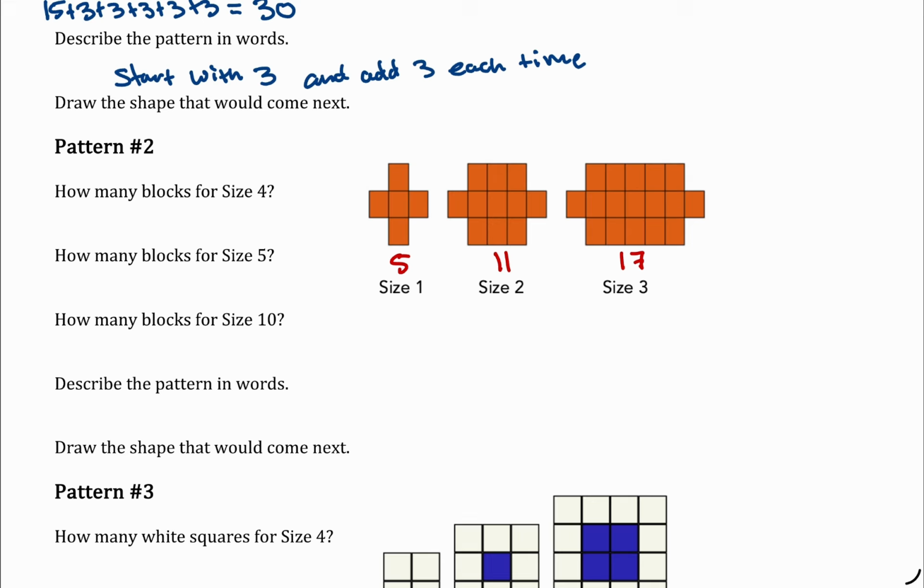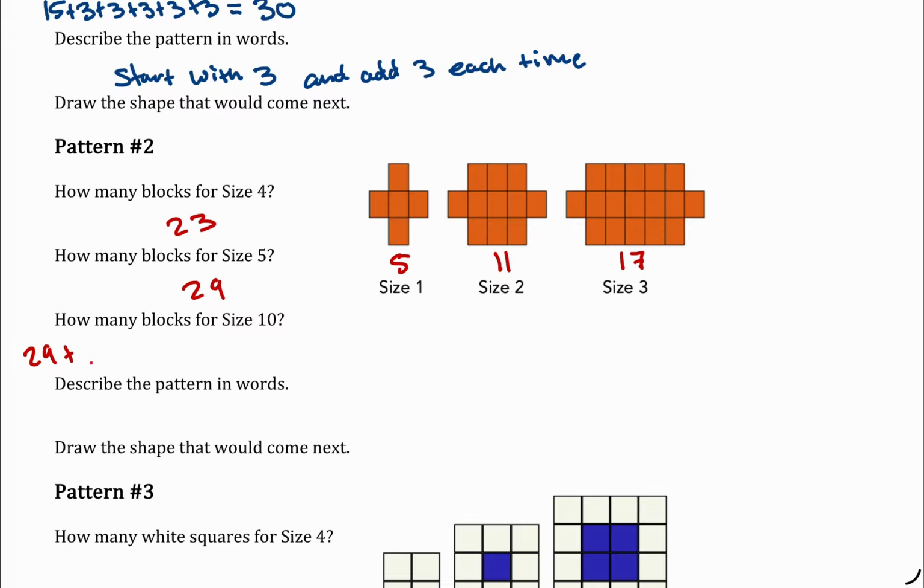So what would the next number be, for size 4? Well, 17 plus 6 is 23. And then what would the next one be? Well, 23 plus 6 is 29. And then what would size 10 be? Well, if we start at 5, we have 29.